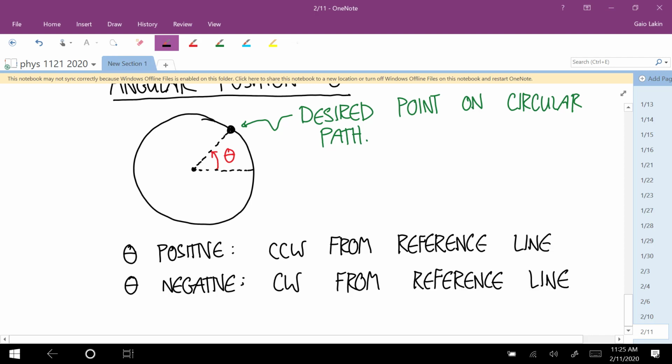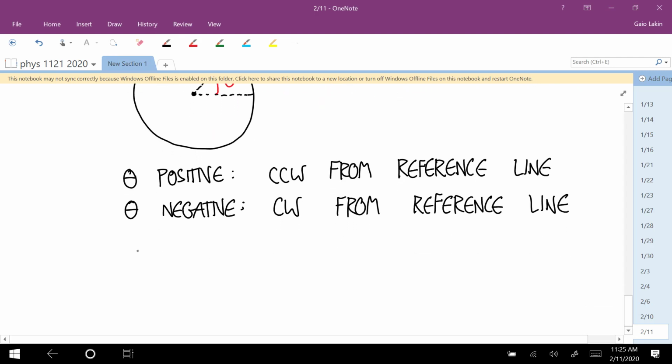So in the picture I drew here, this theta is positive. Like I said, the units are radians.